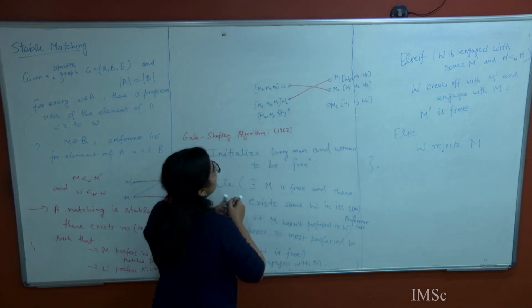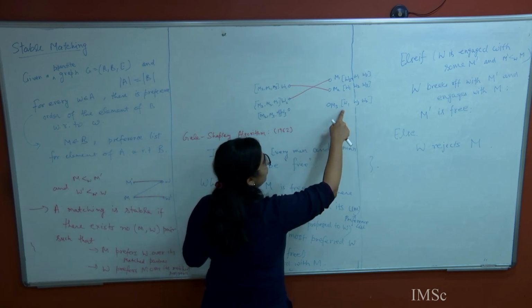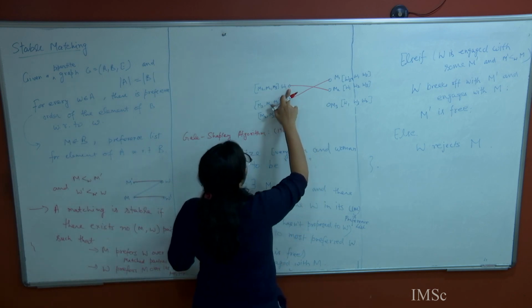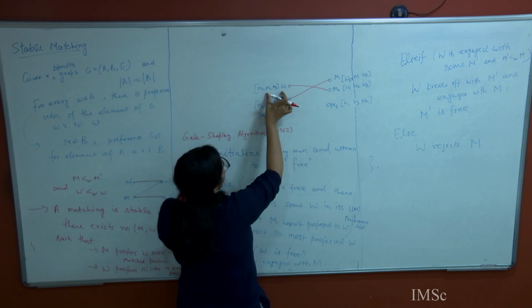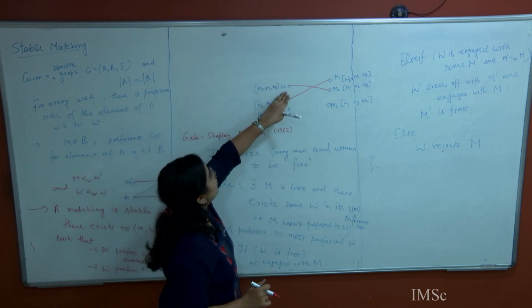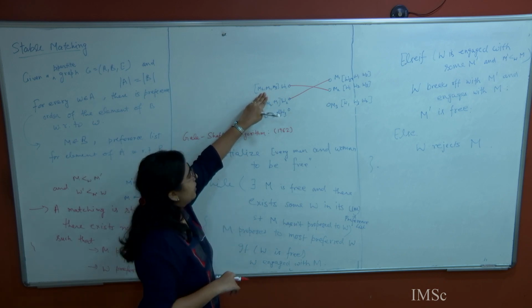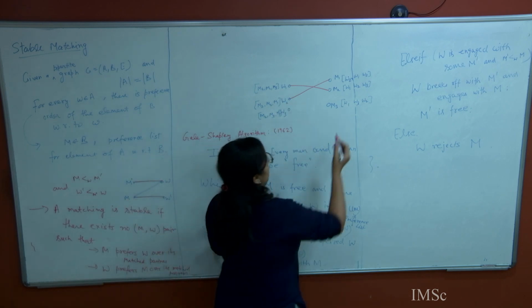Oh, okay. Now, M3 will go to W1 and proposes to W1. Now, W1 is already engaged with M2. So, we will look at her preference list, and now W1 is already matched with her most preferred man, right. So, she will not break off, she will reject M3.